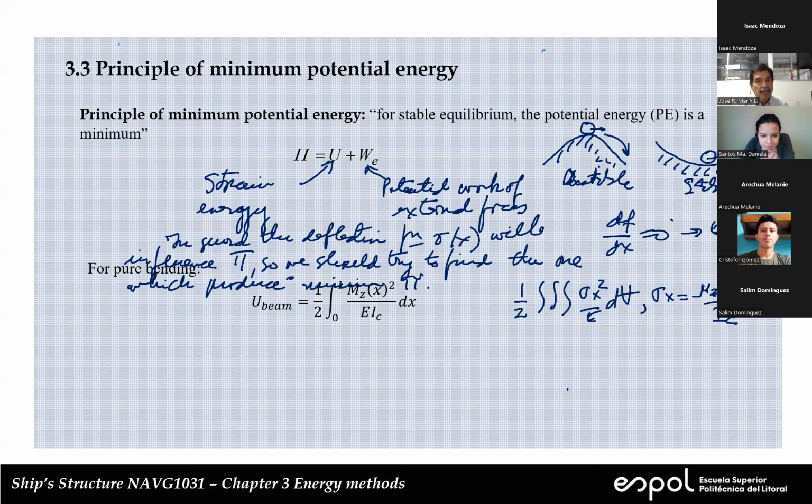That means the numerator is always positive, right? The denominator, Young modulus and the inertia, are always positive. That means that if you integrate this, this is always going to be positive.